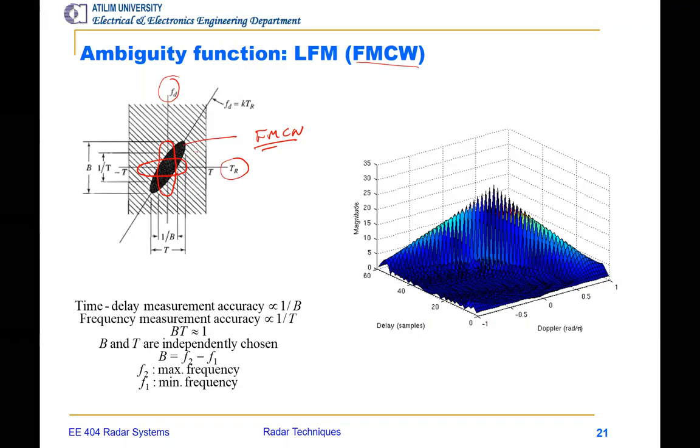And then when I look at the amount of ambiguity here, it's relatively smaller than the standard rectangular pulse radar. It's again smaller in the speed measurement. So we simply reduce both speed and range ambiguity by using FMCW radar.